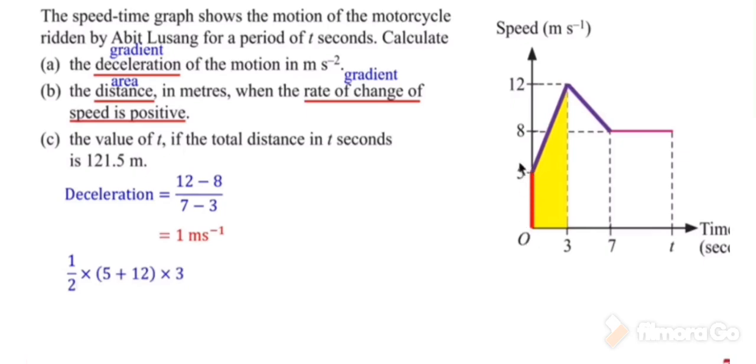Half of A plus B, you learn in Form 3, right? Half A plus B times the distance between the two parallel lines, times 3. That is the answer for the area of the trapezium. And then we solve the value, which is 25.5 meters.